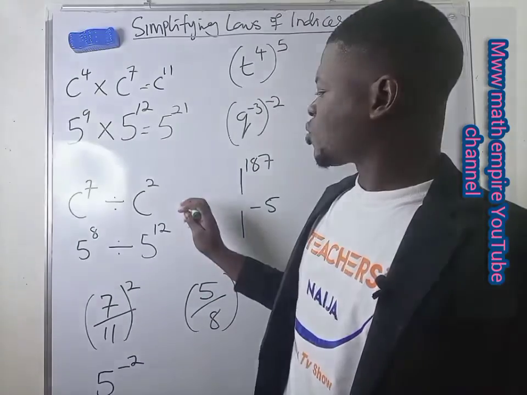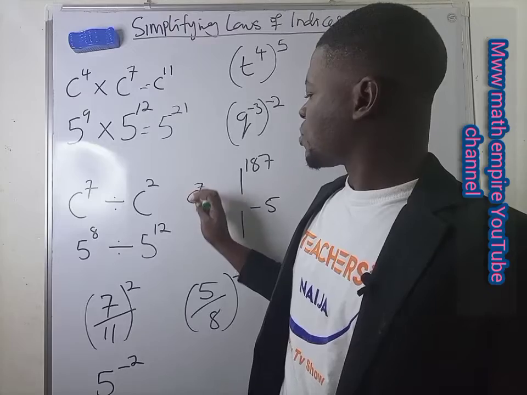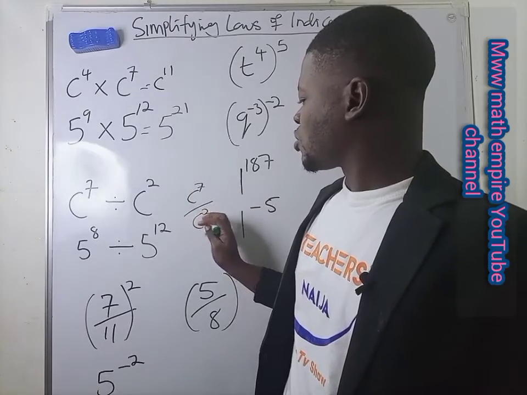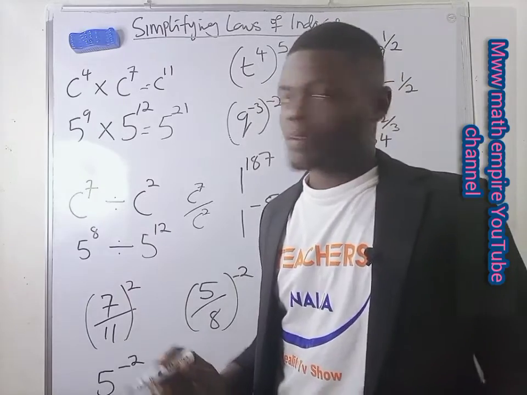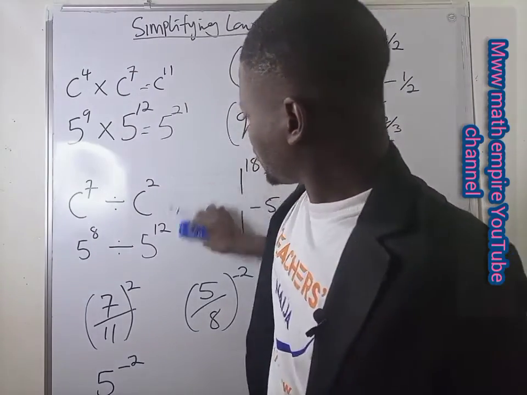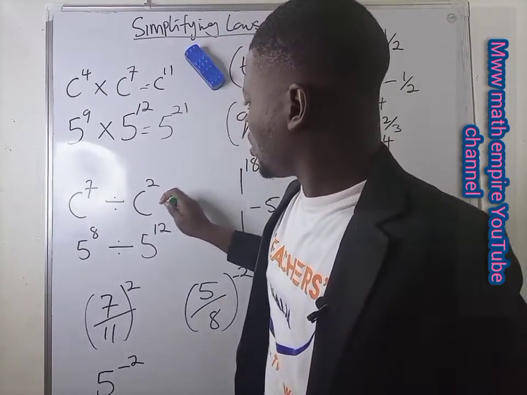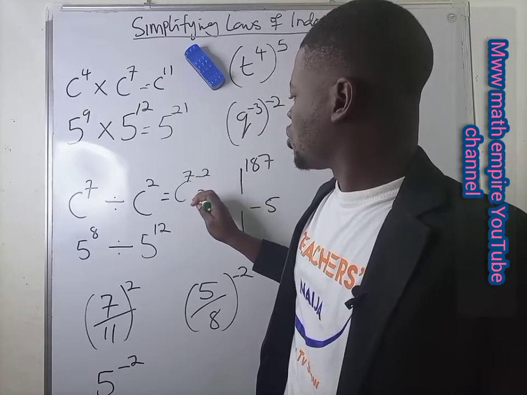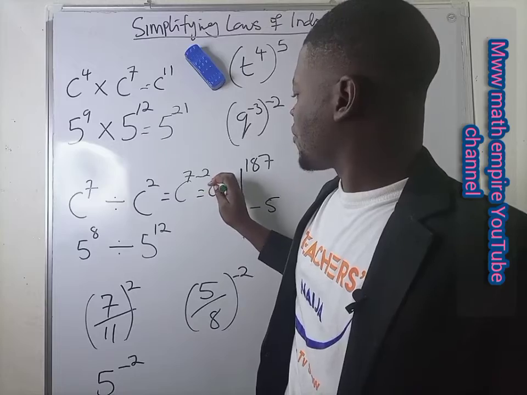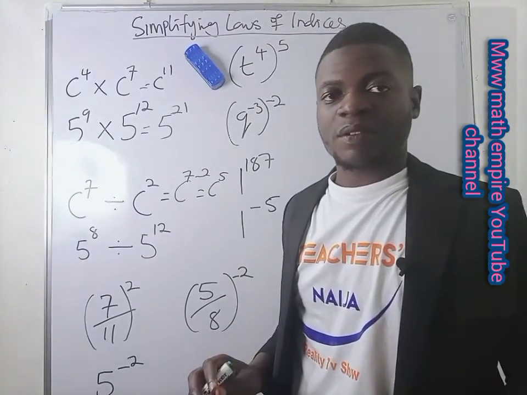This division can as well come in this way. C raised to the power 7 all over C raised to the power 2. This and this are still the same. Now, like I've said, what you are going to do here is 7 minus 2, which will be giving us 5. Therefore, C raised to the power of 5.